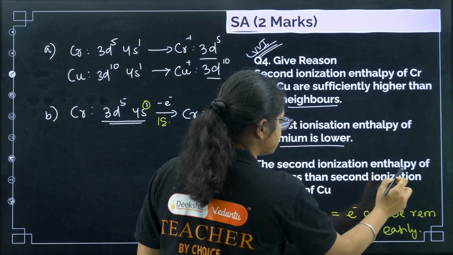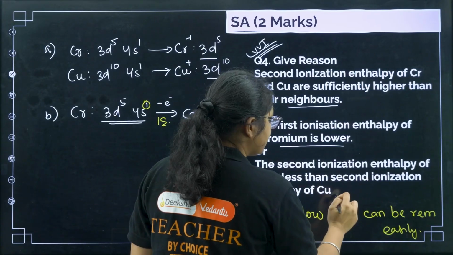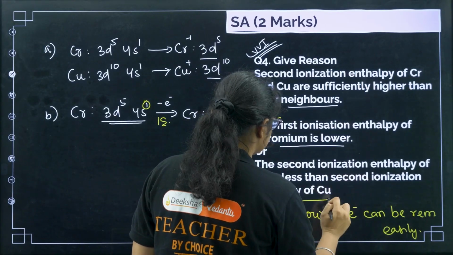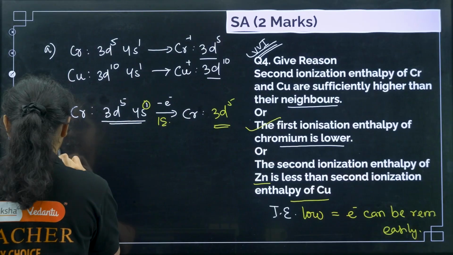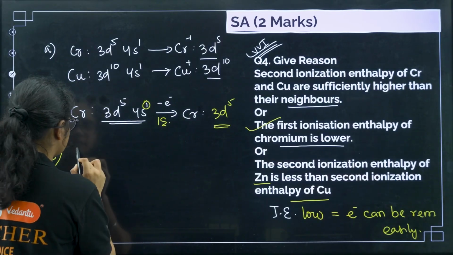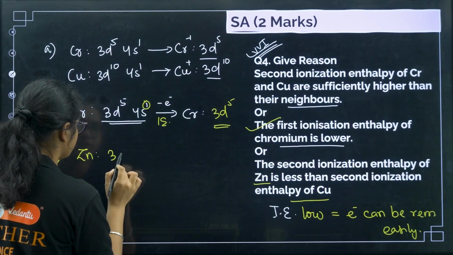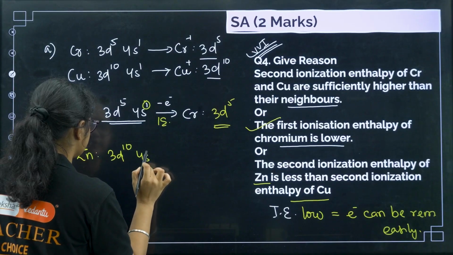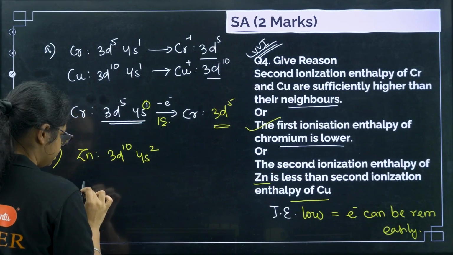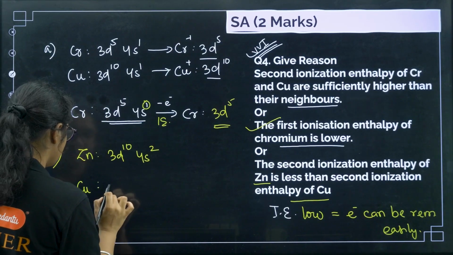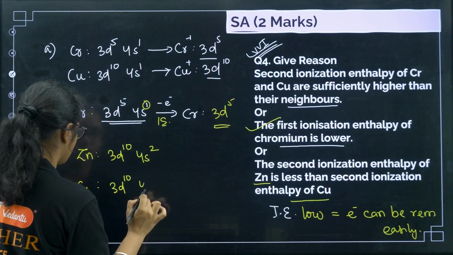The second ionization enthalpy of zinc is less than the second ionization enthalpy of copper. Let us again see. Zinc configuration is 3d10 4s2 and copper is 3d10 4s1.